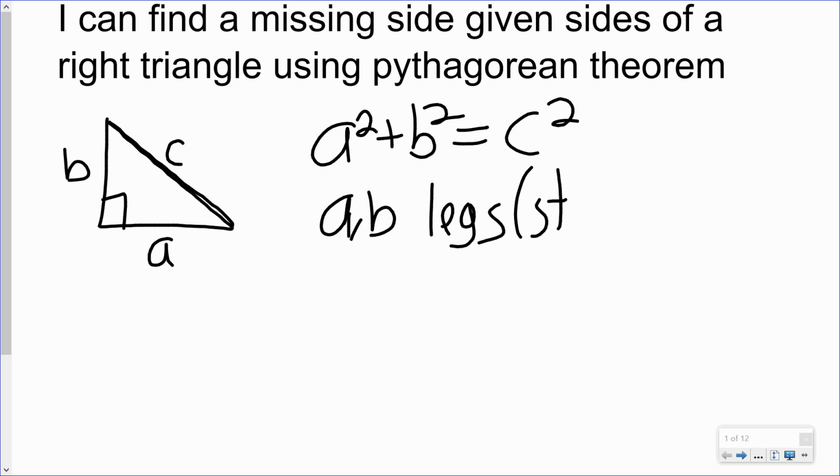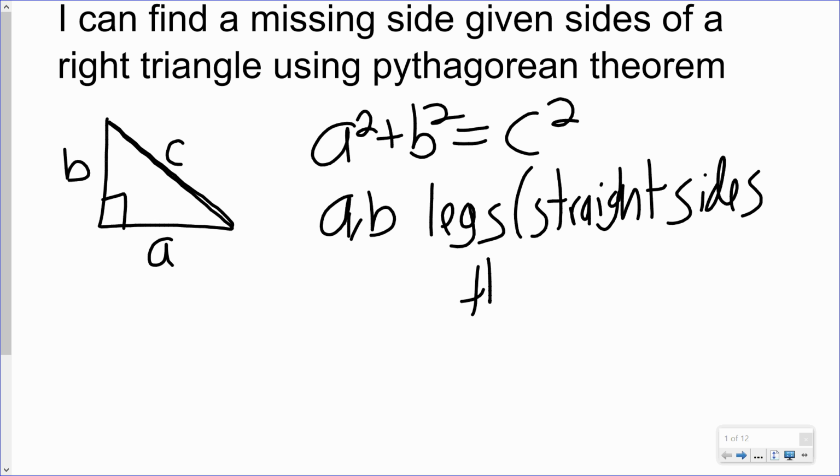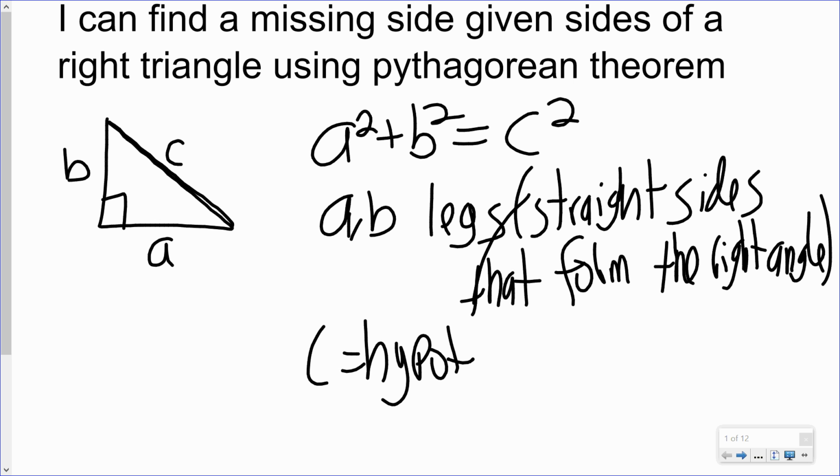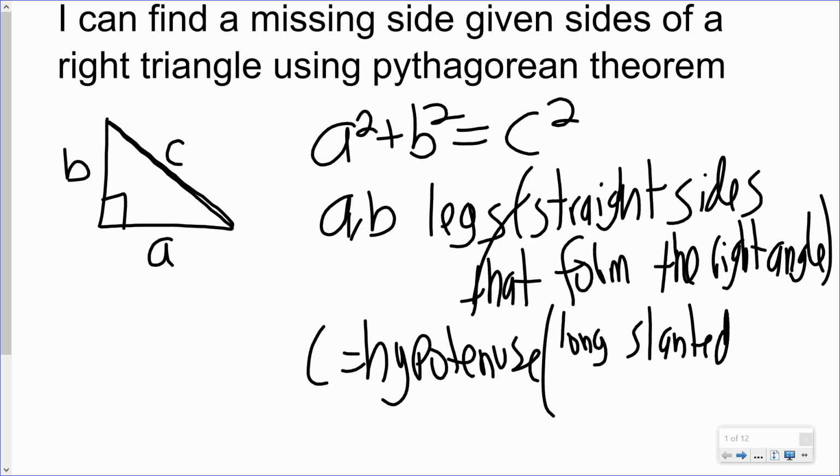the straight sides that form the right angle, and c is the hypotenuse, which is the long slanted side opposite the right angle.